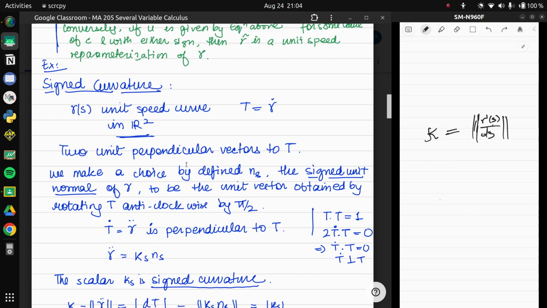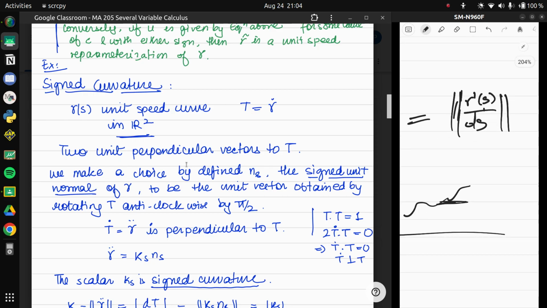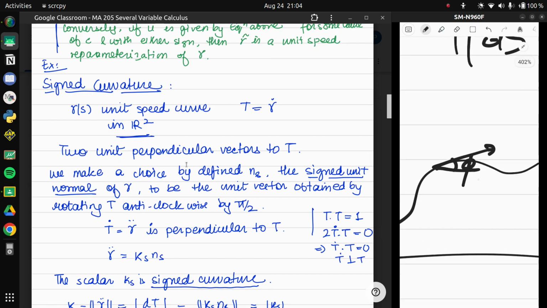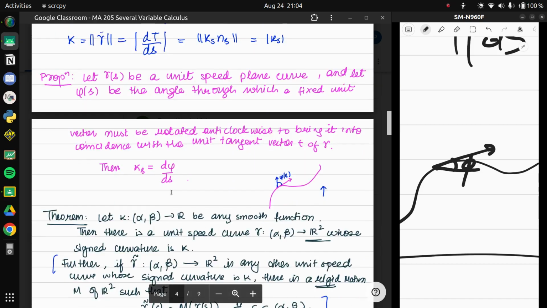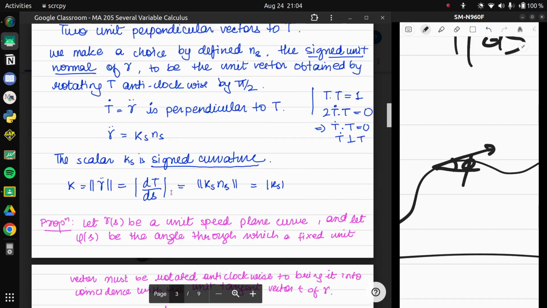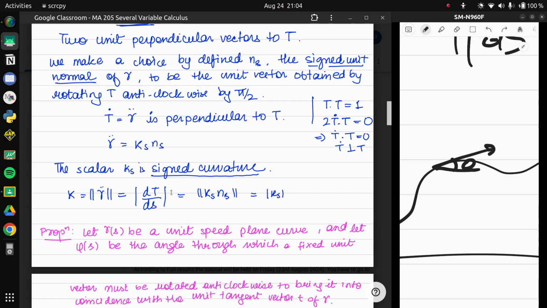So the way that we do it is you have some curve, and you take some unit vector, like the x-axis right now, and whatever is your tangent vector, this is your tangent vector. This angle, let's not call this phi, it's psi basically. So this psi is actually a function of the position, which is s, right?